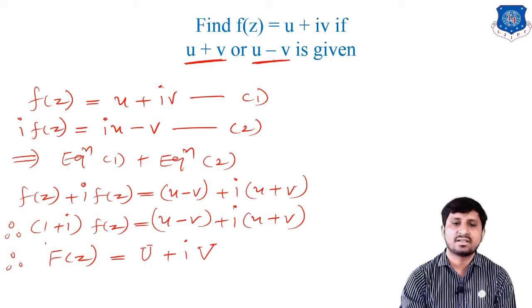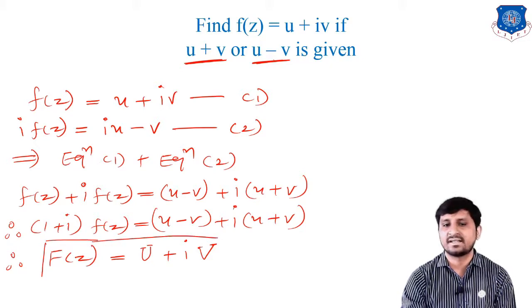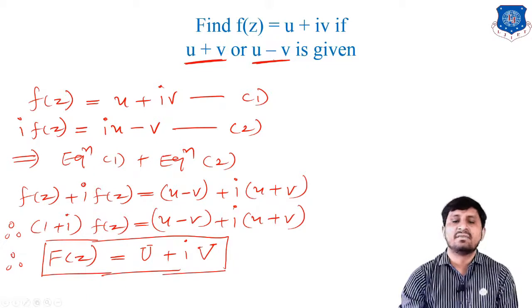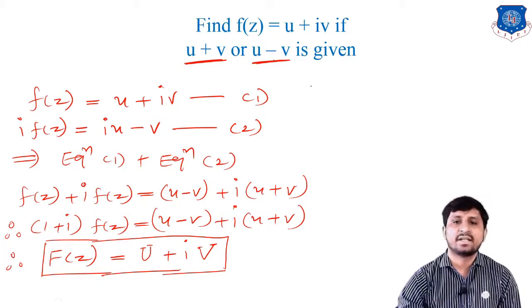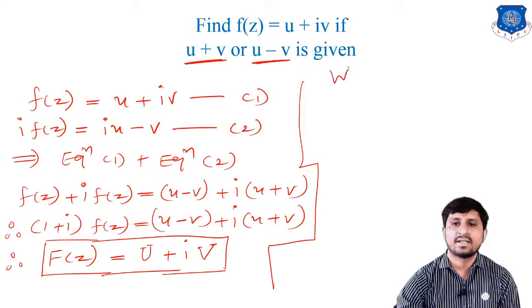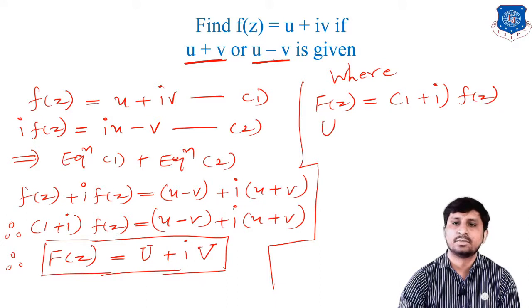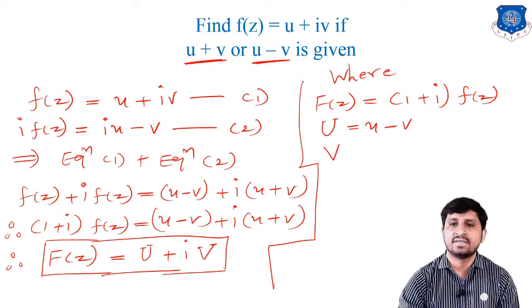So remember this equation: capital F of z is equal to capital U plus i into capital V. All this notation I will write here. What is capital F of z? Capital F of z is 1 plus i into small f of z. Capital U is u minus v, and capital V is equal to u plus v.